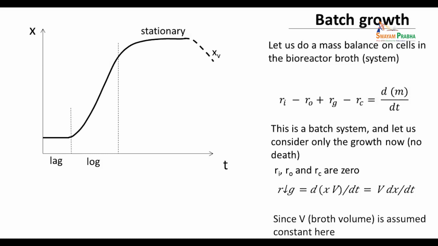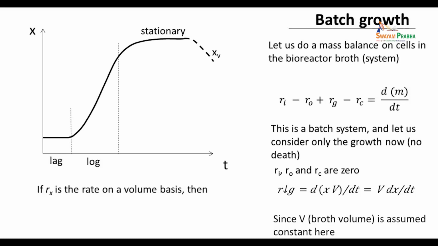In the case of batch growth, there is no addition and no depletion, and therefore volume remains constant. Since it's not going to change with time, V can be taken out of this derivative as a constant, and it becomes V times dx/dt.